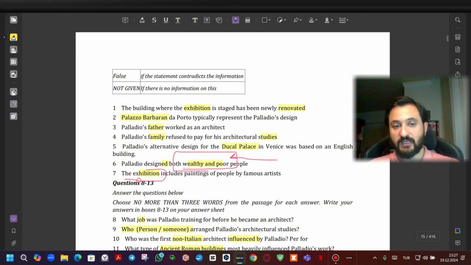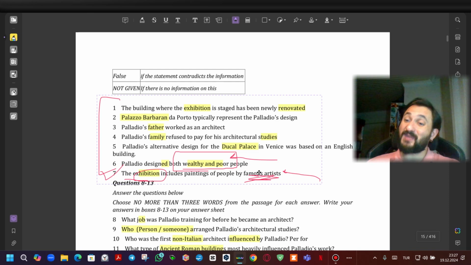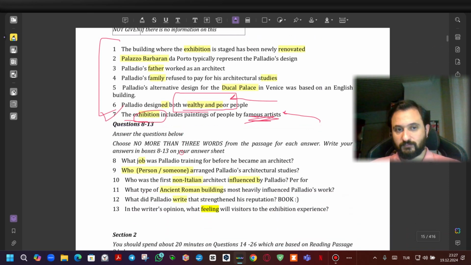The exhibition again. Okay, you need to find the exhibition. After all these questions, then you need to come with famous artists, famous people, well-known people, important people, we can say. Second part, just you need to write 3 words. Be careful, it's not written numbers, so you don't need to work with numbers. What job Palladio training before he became an artist?